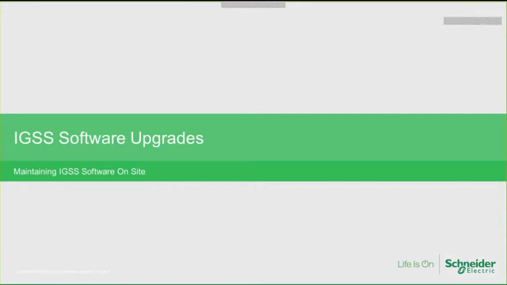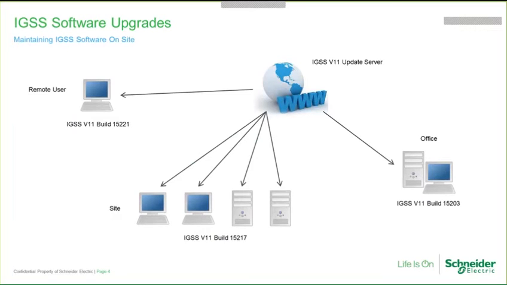The first big change is how we deal with IGSS software upgrades. Upgrades in this term is not how you go from version 10 to 11 or 11 to 12. It's how you maintain within a version number. Existing IGSS versions have been using an update server on the web, where you could draw down the latest build online.